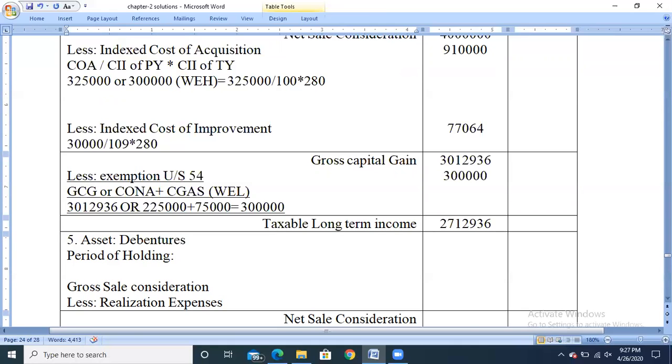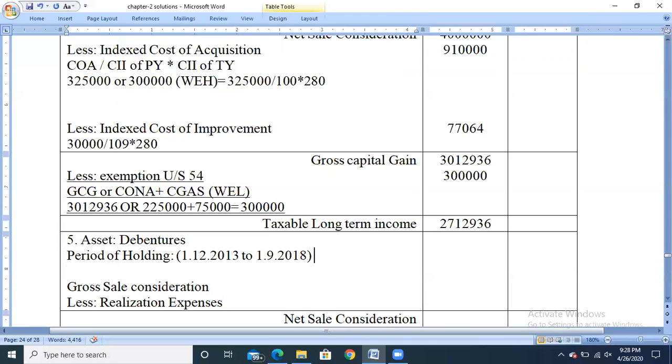The purchase date is 1st December 2013 and the sale date is 1/9/2018. Now debentures will fall under the first category, that is financial asset.